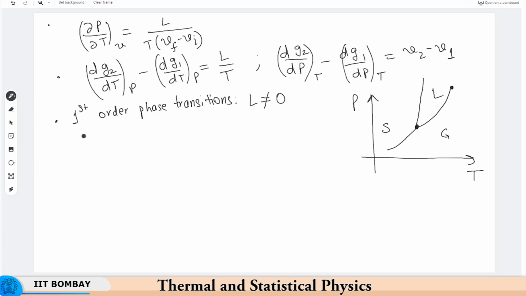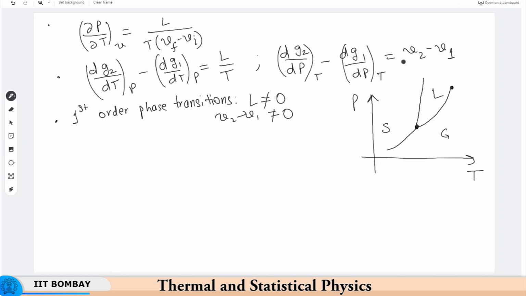And V2 minus V1 is also non-zero, so their specific volumes also change. And what is specific volume? It is just the inverse of the density. So there is a drastic change in the density of the substance as it undergoes the phase transition.